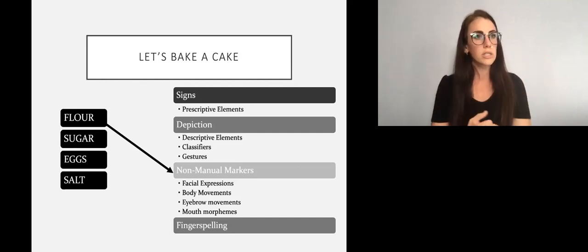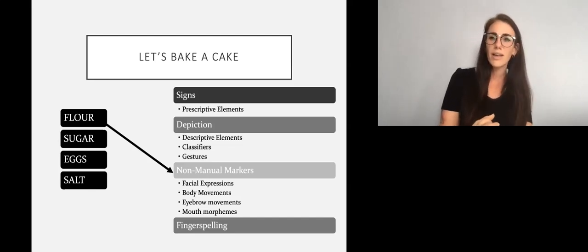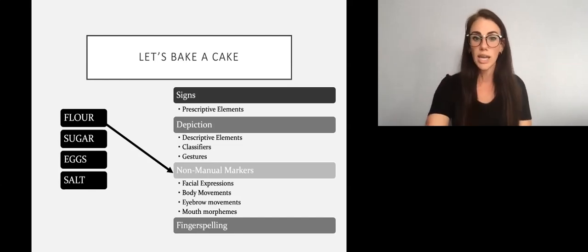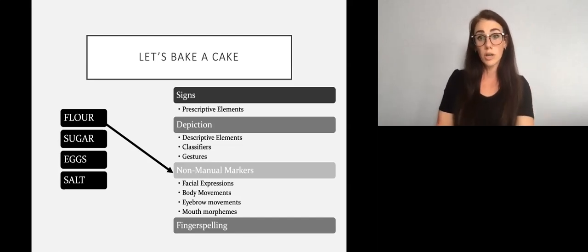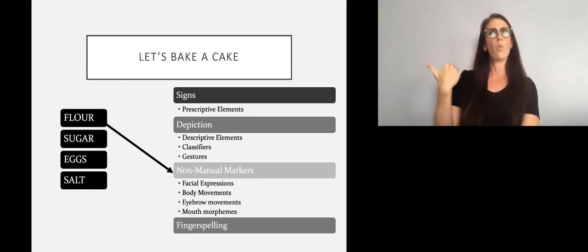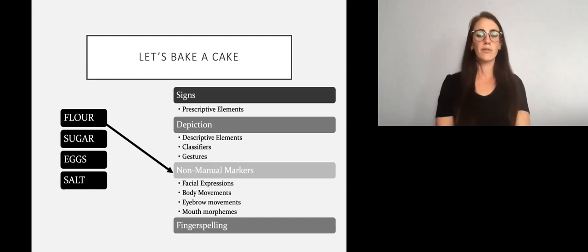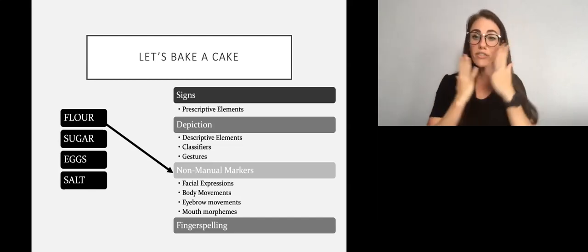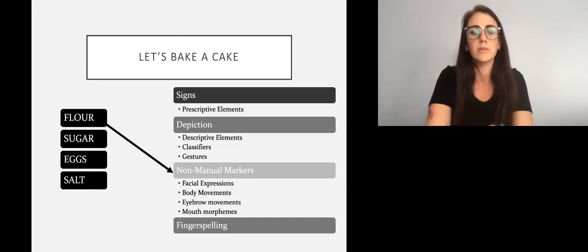So that shirt looks good versus that shirt looks good versus that shirt looks good. All of those are the same vocab, same syntax, but changed by inflection, which are non-manual markers in ASL, right? Okay, all of that is changed in our non-manual markers. Okay, so that's our flour. We need that the most.